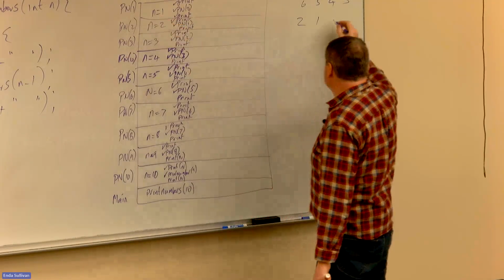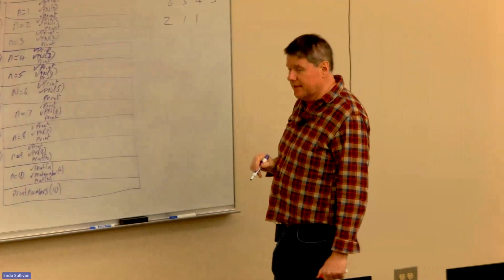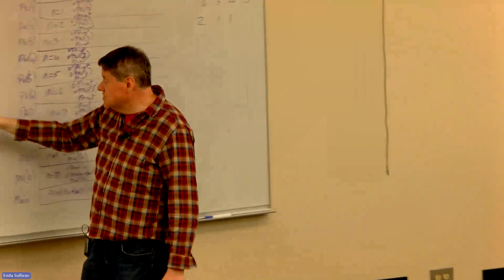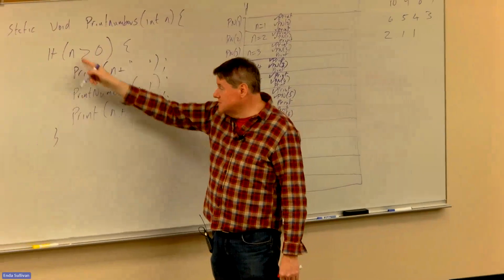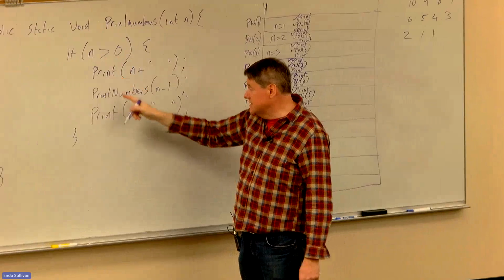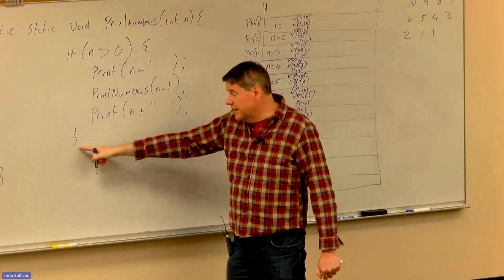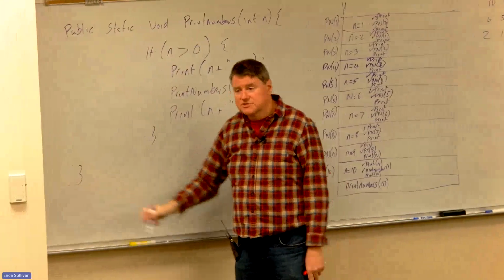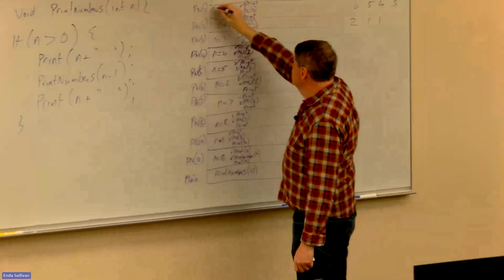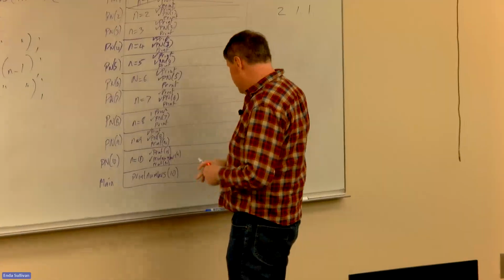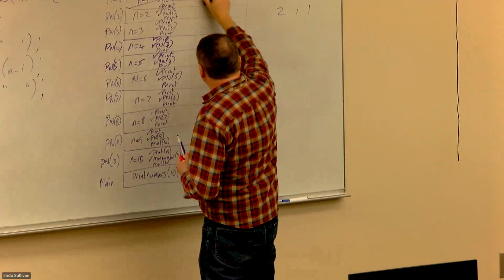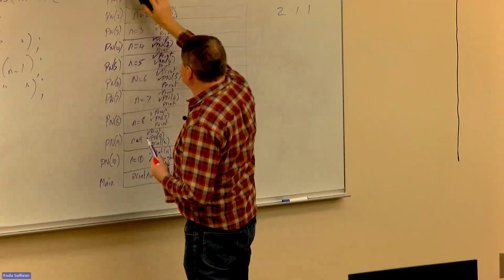So it's going to print another 1. Now it reaches this closing curly brace, and we're at the end of a method. So this method is done, and it pops off the stack.